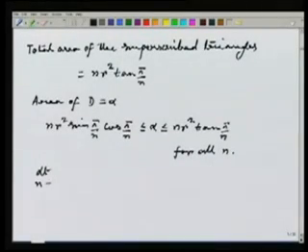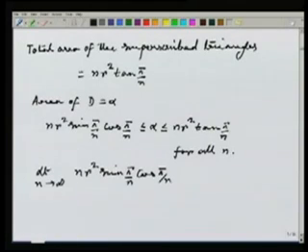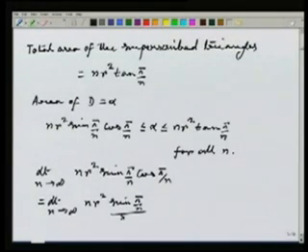Limit n going to infinity, n r square sine pi by n times cosine pi by n. I just write it in the form limit n going to infinity, n r square sine pi by n divided by pi by n into pi by n times cosine pi by n.